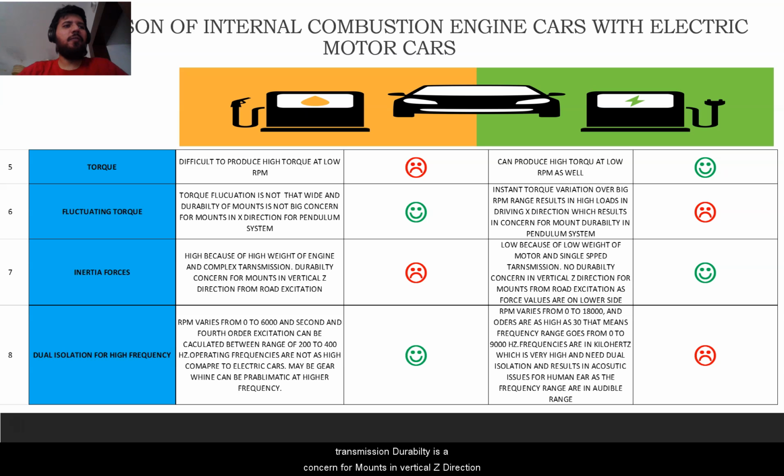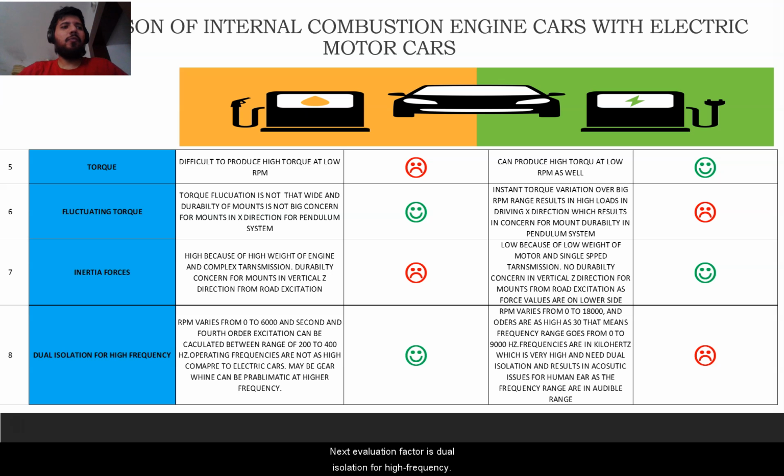Durability is a concern for mounts in vertical Z direction from road excitation. For electrical vehicles, inertia forces are low because of the low weight of the motor and single speed transmission. No durability concern in vertical Z direction for mounts from road excitation as force values are on the lower side.